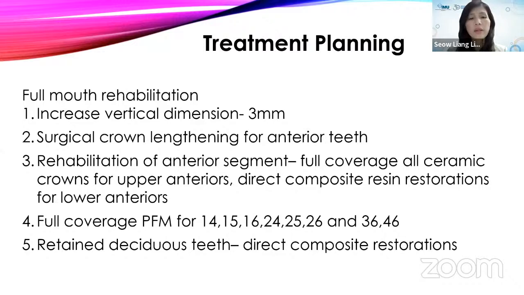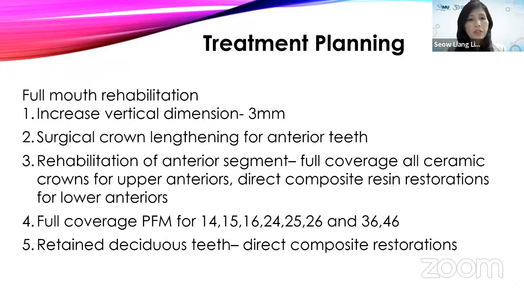And later on, eventually, if all these teeth have seen the light of day, then we may have to put in implants with a full fixed prosthesis. But in the meantime, we try to do as minimally invasive as possible.